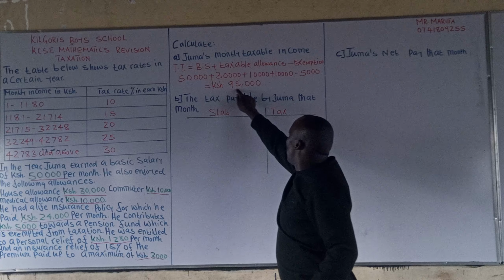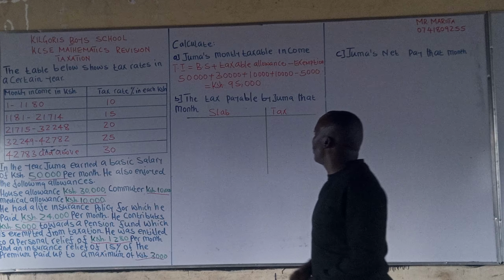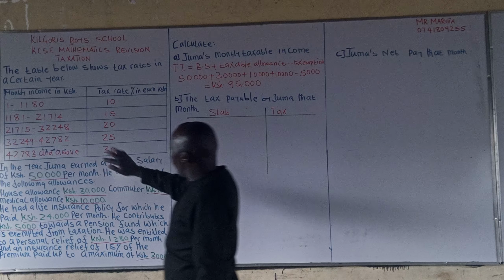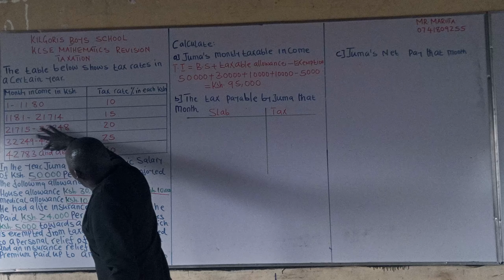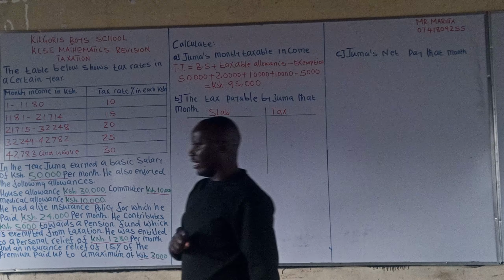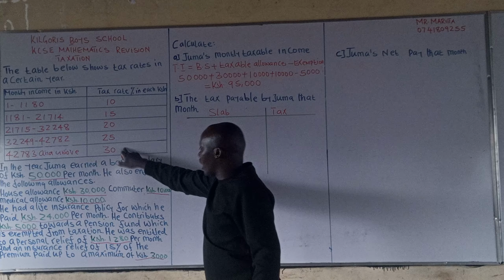Look at this value here. We have this value of Kenya shillings 95,000. On this table, any value which is above 42,783, the rate is 30%.